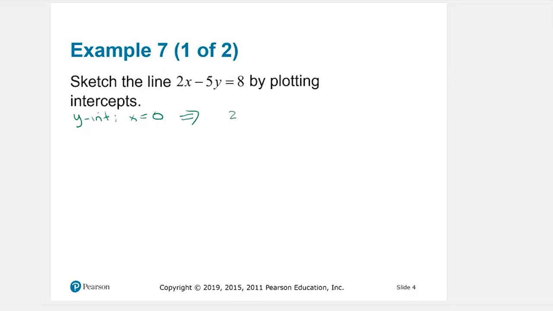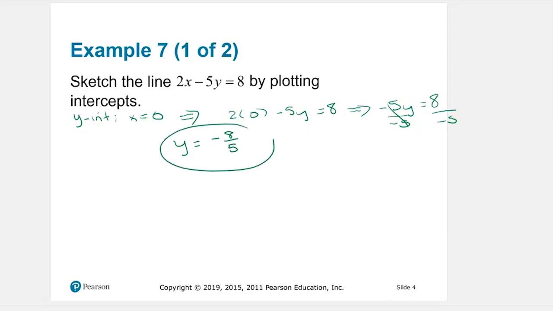So I have 2 times 0 minus 5y equals 8, which gives me -5y equals 8. And then I divide both sides by -5, and I get y equals -8/5.